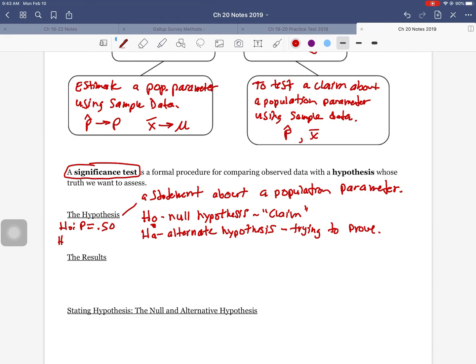And then someone else might say, I think that's going to be less than 50%. So that would be our null and alternate hypothesis. So the null is the initial hypothesis, or the beginning hypothesis, and then the alternate one is what we think might be true about the population, and we're going to try to prove it.